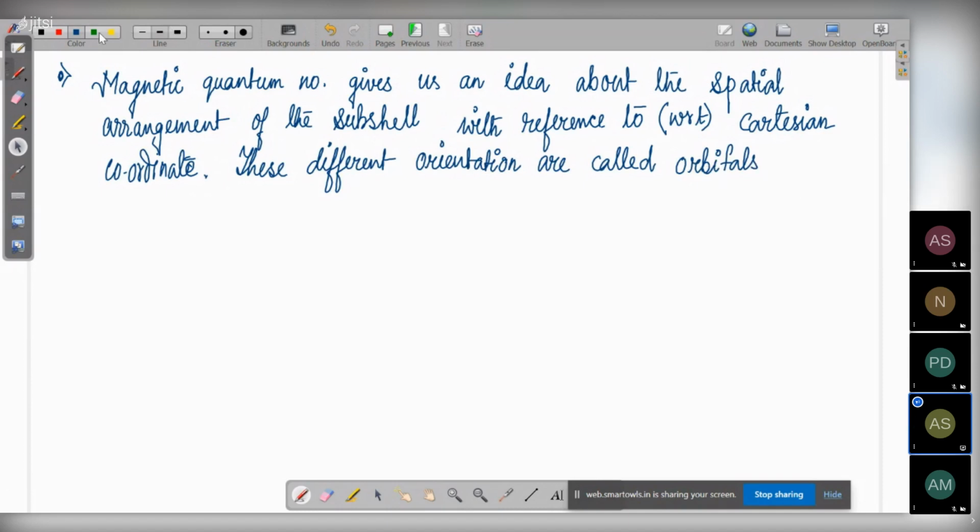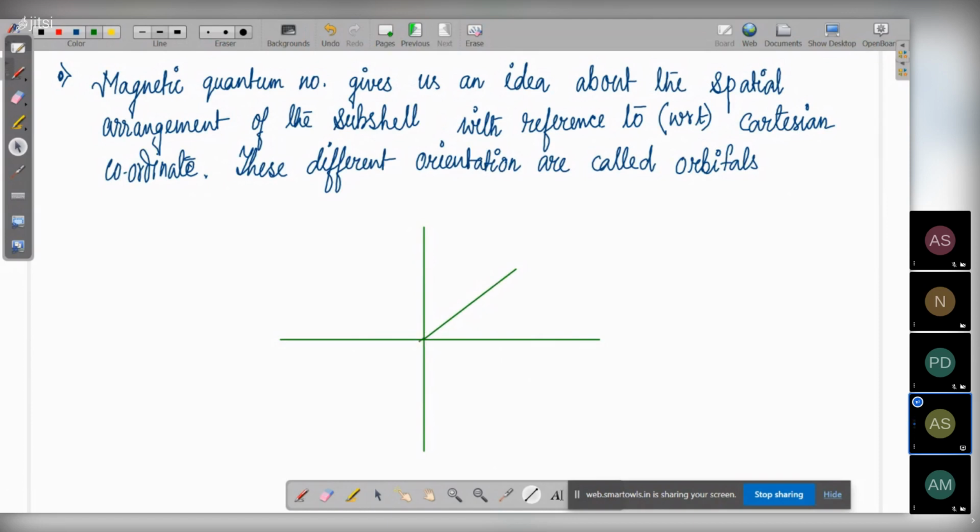So let's see what the definition is. Suppose, as I told you yesterday, you have the x-axis and the y-axis, as you have done in graphs, and you know that the x and y axes are perpendicular to each other. There is also a third axis. Whenever we are drawing a three-dimensional object, there have to be three axes: length, breadth, height.